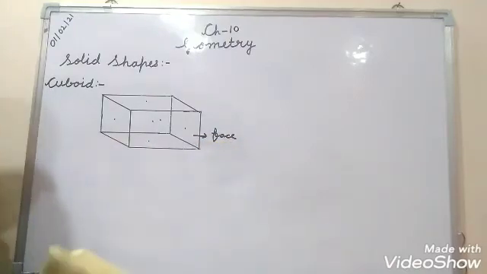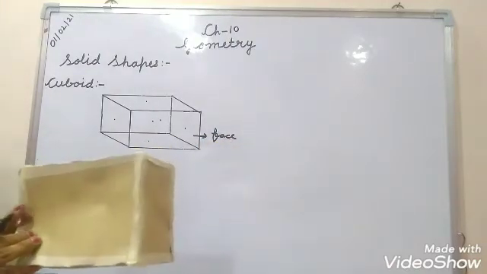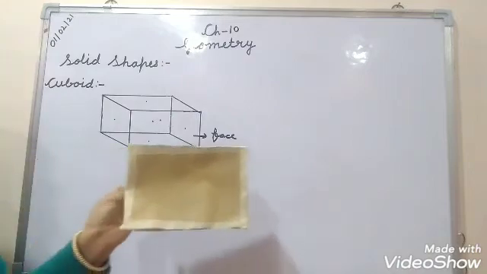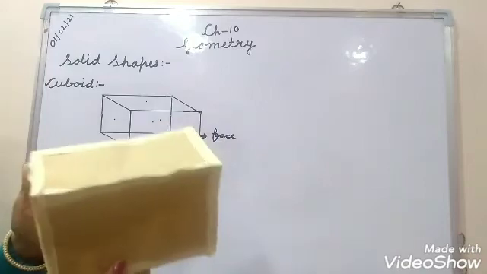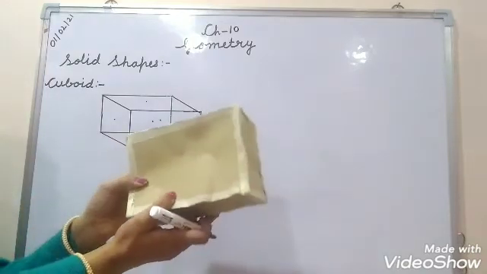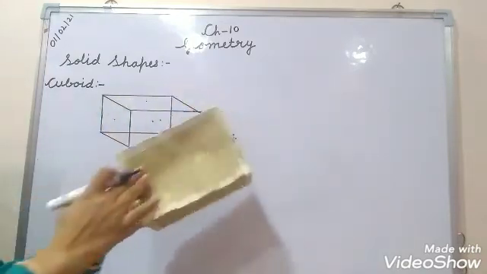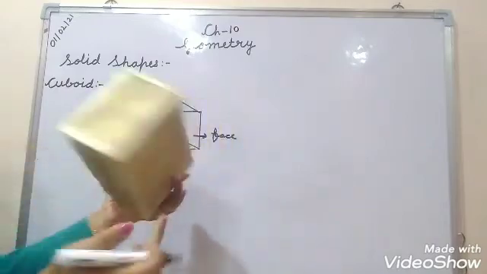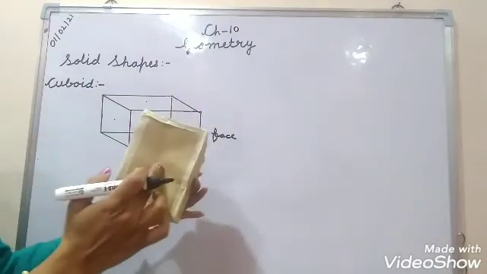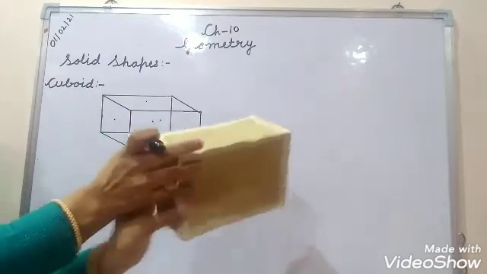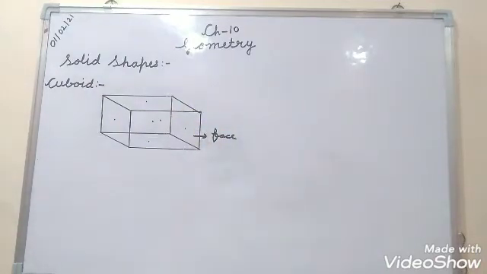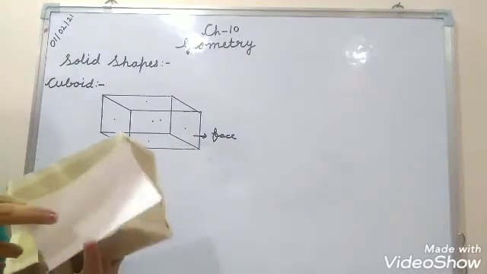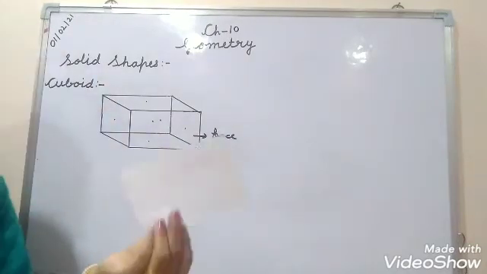Here children, the faces are in different shapes. The opposite faces are the same. Here you can see that this one and this one at the back side are the same, and this one and this one are the same. This is called the rectangle shape. What is it called? Rectangle shape. Through a piece of paper you can understand it.